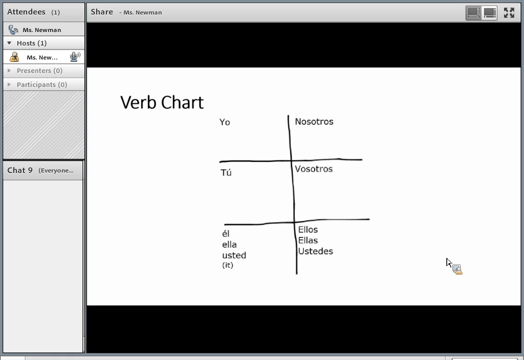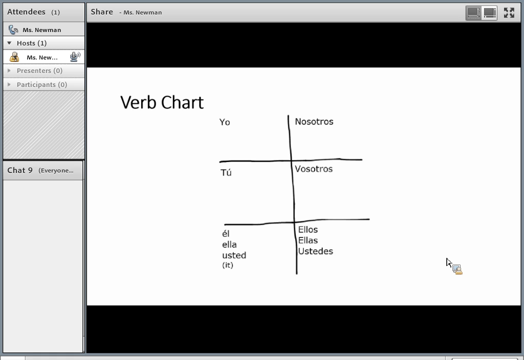Here is a Spanish verb chart. This is very important to understand and to memorize because every single verb in Spanish is organized in this exact way. You're going to see lots of verb charts, and it helps your brain remember and organize all of the verbs and all of the conjugations or changes of the verb when they're organized in this pattern.